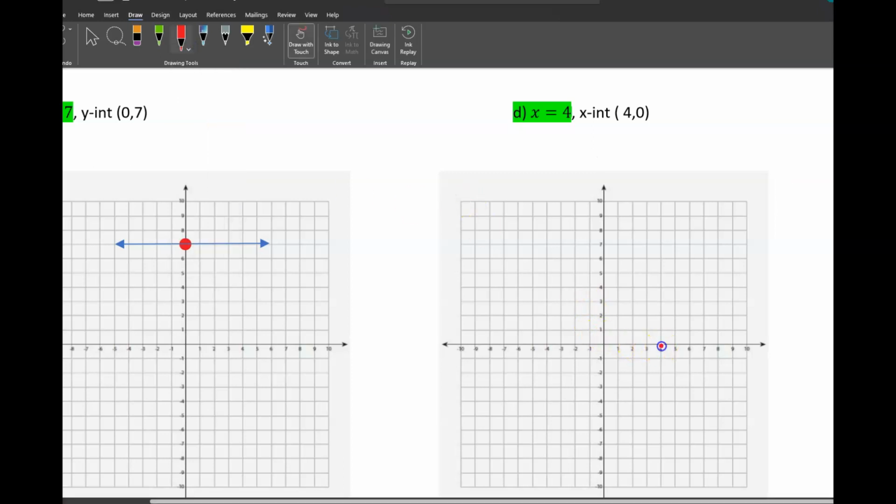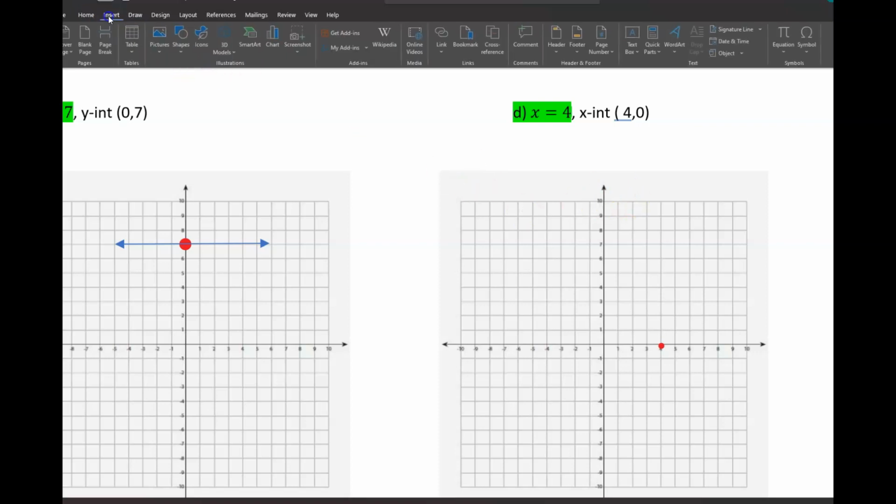So 4, 0 is going to be here. The next part is our line. Because our line happens to be in terms of an x equals line, we're going to be drawing a vertical line.